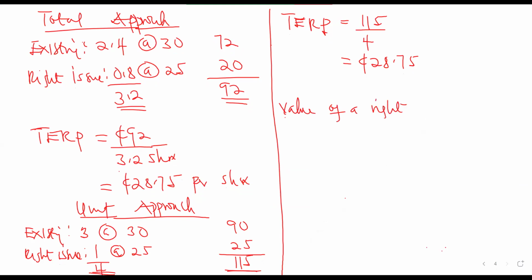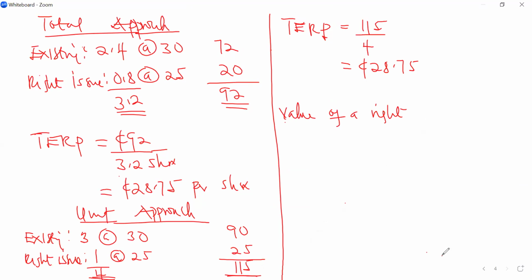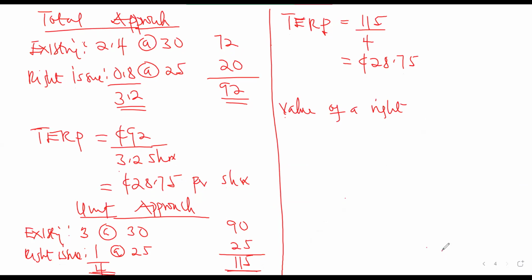So they are talking about the value of a right, and the value of a right is just this one. What is the new price of the shares? 28.75, isn't it?